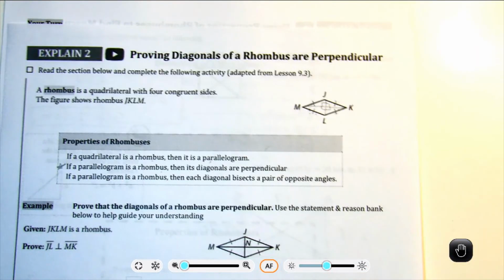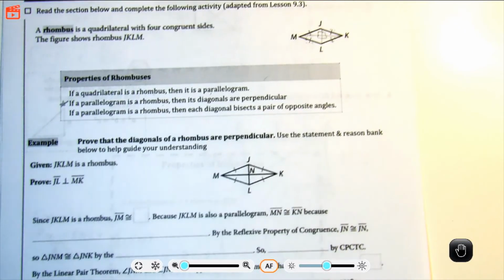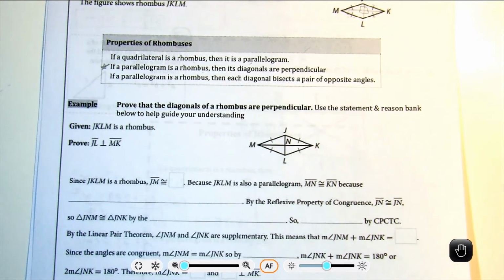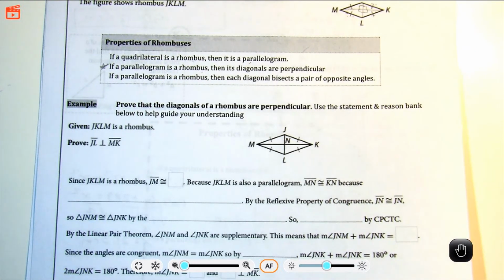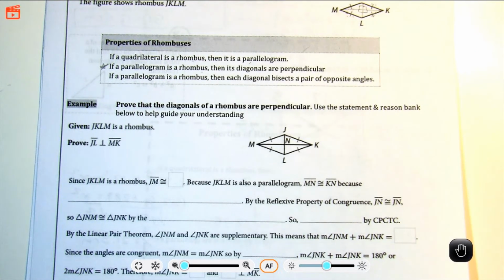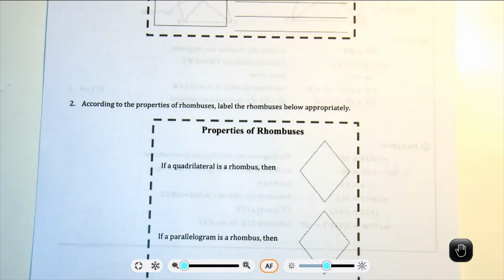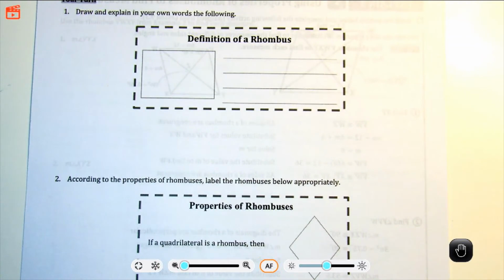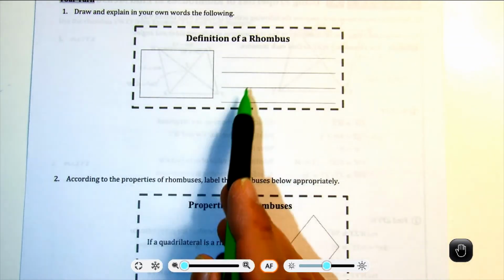So we have a proofs here, but then we're going to actually jump to some practical problems. And then in your notes, if you guys want to draw a rhombus and write definitions in your own words, you guys are free to do that.